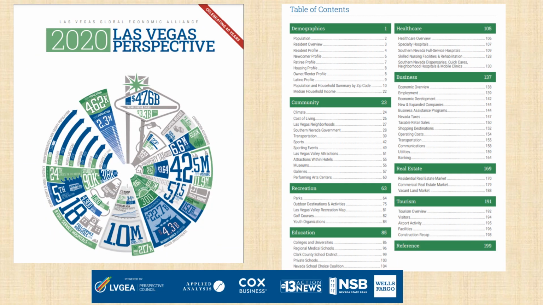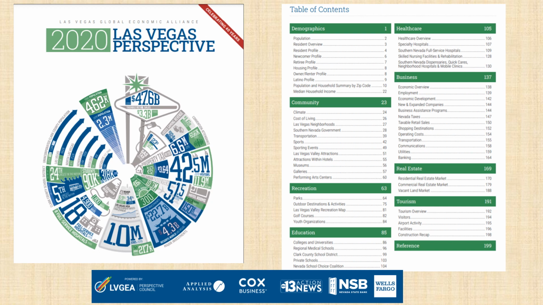The other piece of information that you can get locally is something called the Las Vegas Perspective, and this has been produced for the last 30 or 40 years, I guess, and it is sponsored by the Las Vegas Global Economic Council.